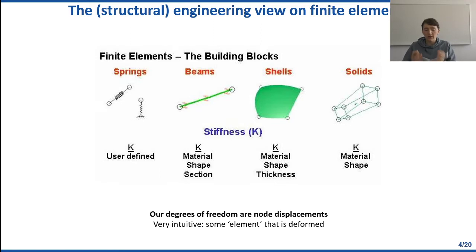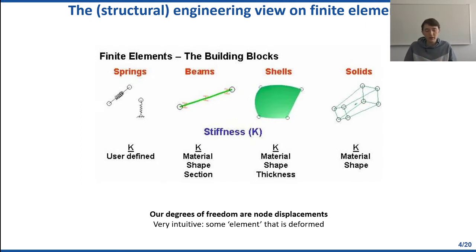So we have this very strong tendency of fitting in things that as a structural engineer we're used to in our way of thinking about finite element methods. And also not only for 1D, but for multi-D, 2D or 3D elements, we kind of try to think of them as spring-like physical volumes or physical materials that have a stiffness.